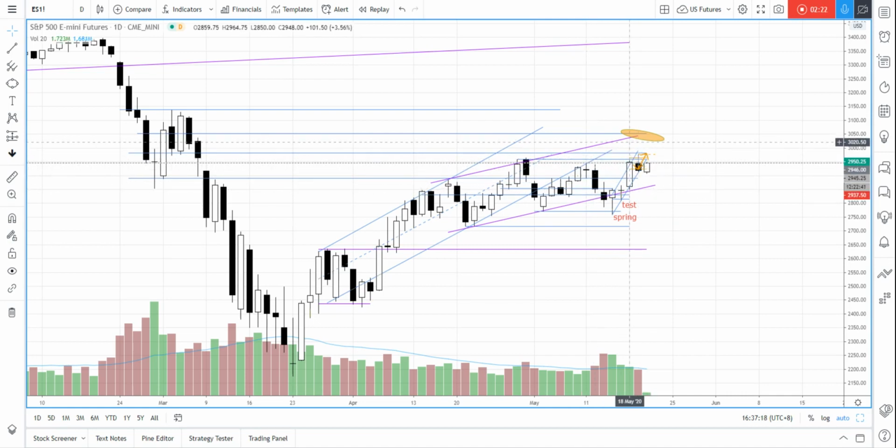We are approaching this 2960 level, and the reaction comes yesterday. As usual, we have seen some kind of reaction, but it's not as bad as the two reactions before, comparing to 12th of May and also the 30th of April. So I viewed it as a bullish sign.